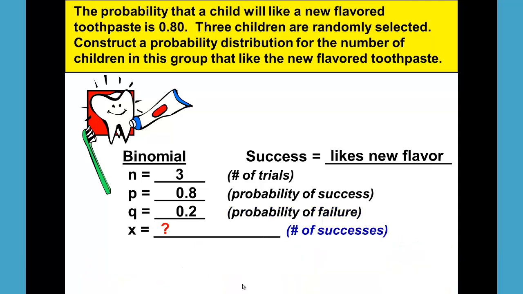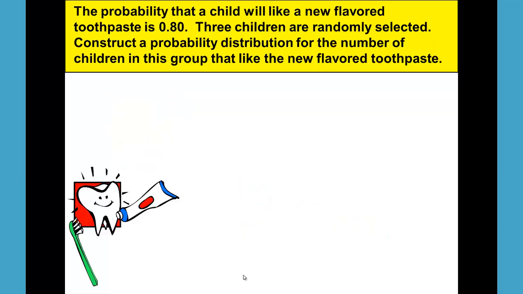And x is the number of successes. Since n is 3, the number of successes we could have would range from 0 through 3. We now have our variables filled in and can construct a probability distribution for the number of children in this group that like the new flavor of toothpaste.